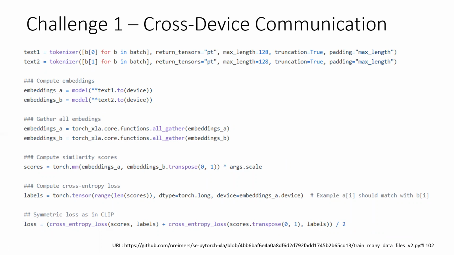This is quite hidden in the documentation. So you have to make sure that you use functions.all_gather and not xm.all_gather. The operation is the same, but the gradients are not forwarded by the other function. It took me some time to figure out that I used the wrong function for the all-gather operation.